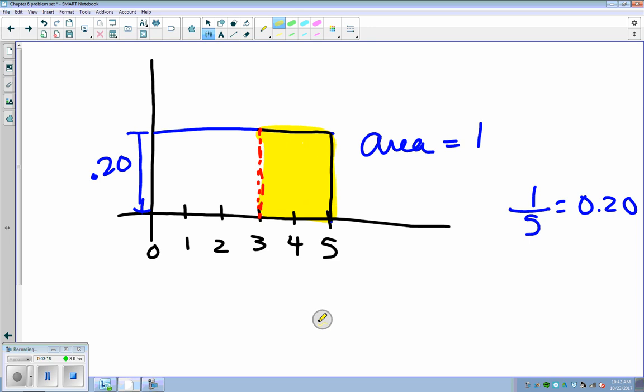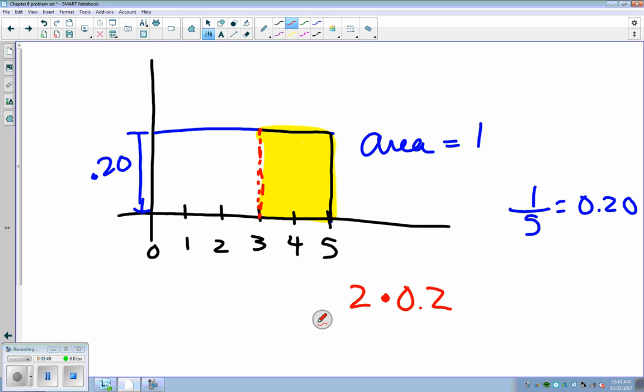So to find the area, I've got 1, 2 times 0.2. That's going to be my probability of waiting 3 or more minutes. It's 0.4, 40%.